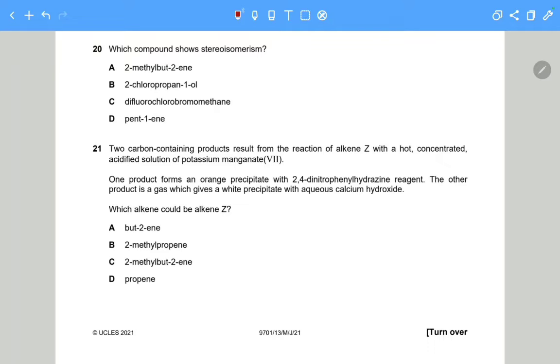So by stereoisomerism, we mean geometrical or optical isomerism. So it can be either, it can be both. We'll have to check. So 2-methyl-butene.